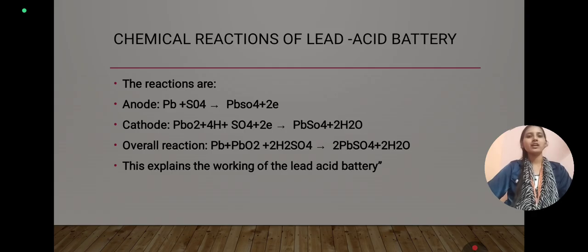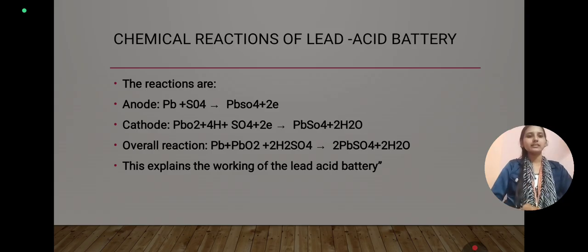Overall reaction: Pb plus PbO2 plus 2H2SO4 gives 2PbSO4 plus 2H2O. When lead oxide reacts with sulfuric acid, it forms PbSO4. This explains the working of the lead acid battery.